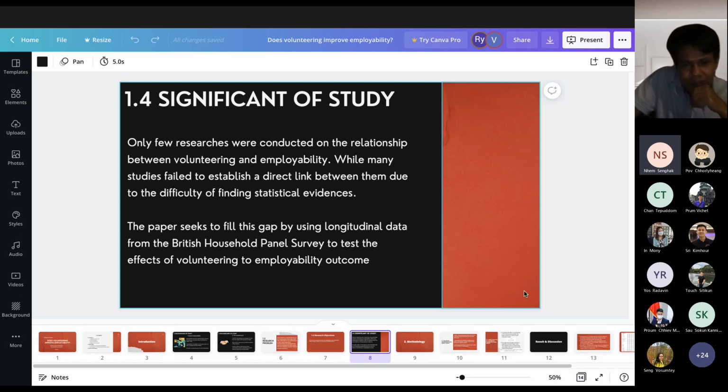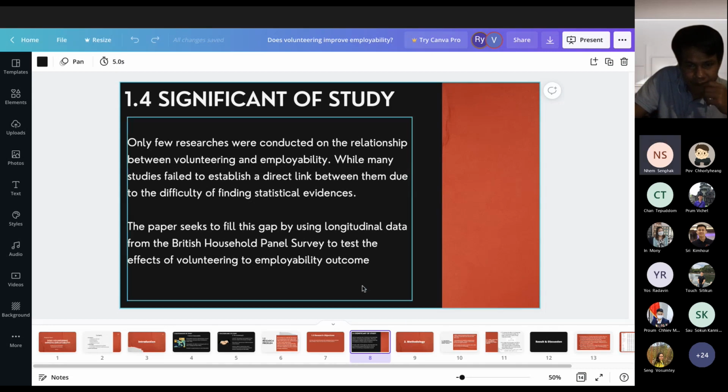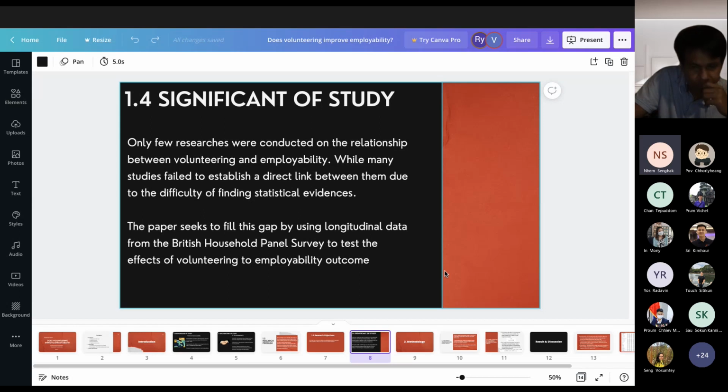So this paper aims to fill the gap by using longitudinal data from the British Household Panel Survey in order to test the effects of volunteering on employability outcomes. So, for the introduction, now the methodology part will be presented by Ling An.